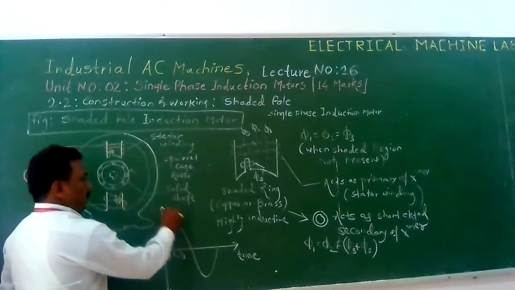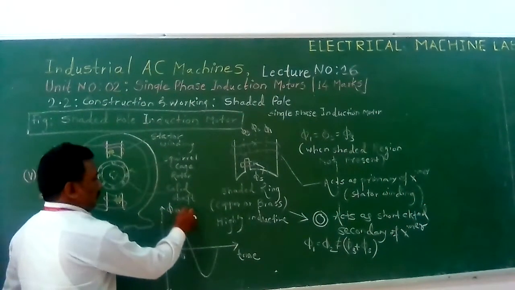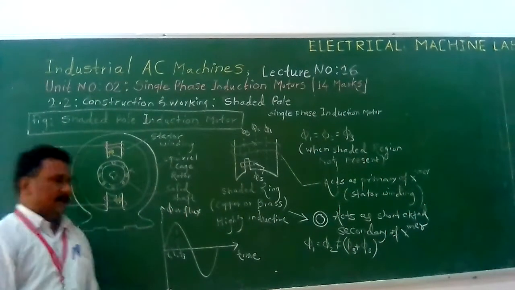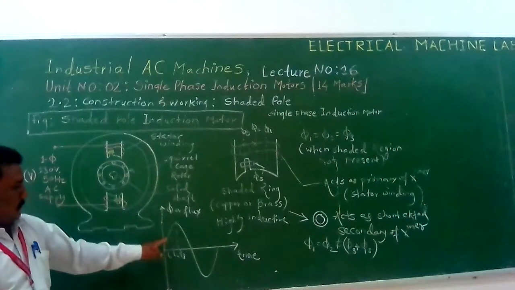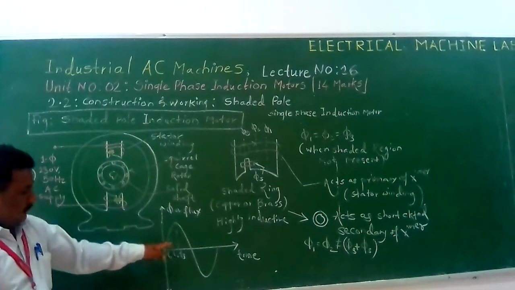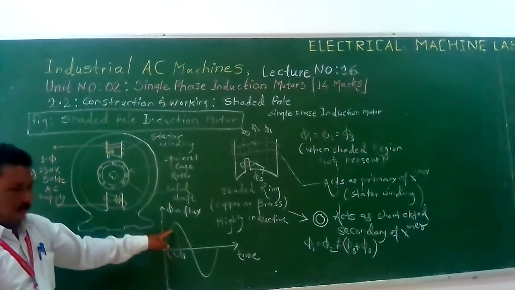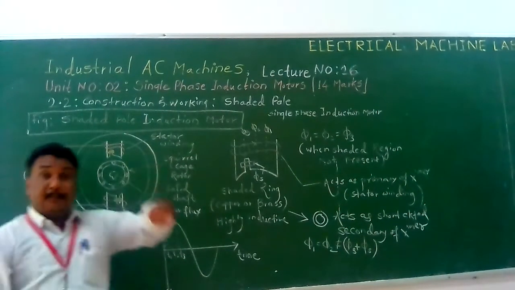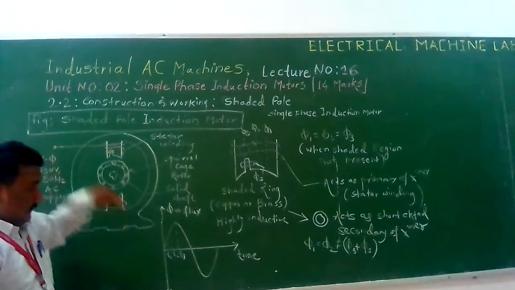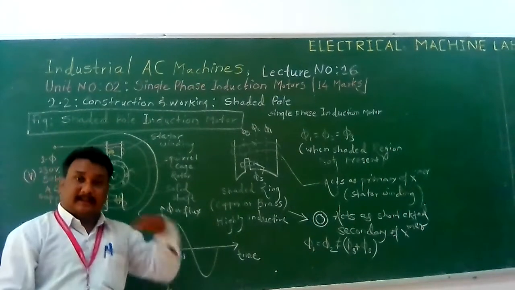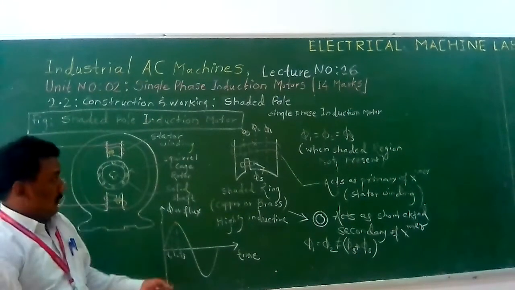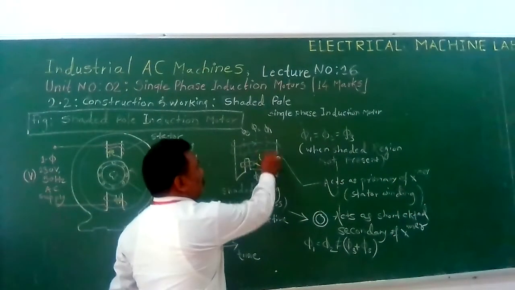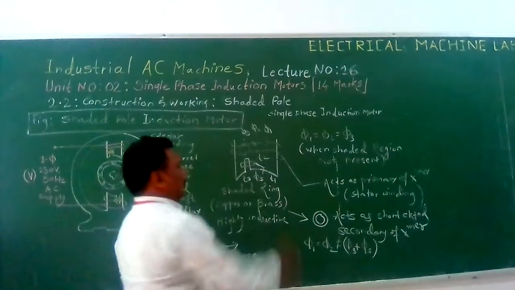The y-axis is the flux phi. At instant t1 the flux will be minimum, at instant t2 the flux will be maximum, and at t3 the flux will be at its peak value. This is actually the principle of a shaded pole induction motor.